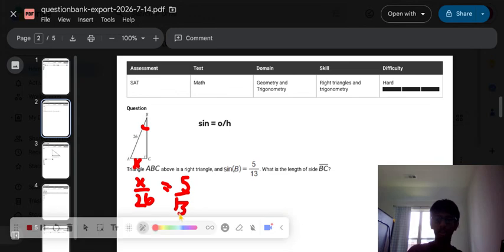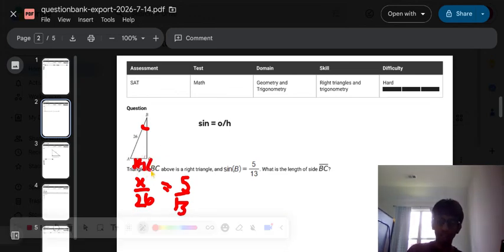And then these are similar triangles, so you can figure out that x is equal to 10. Now, there are some of you that know what your 5, 12, 13 triangle is.